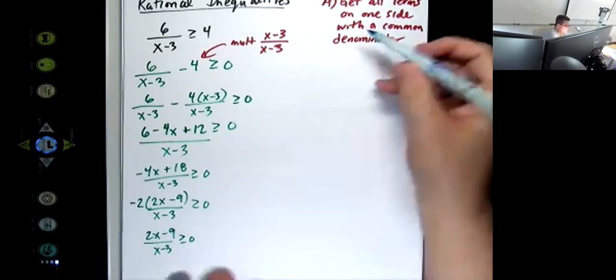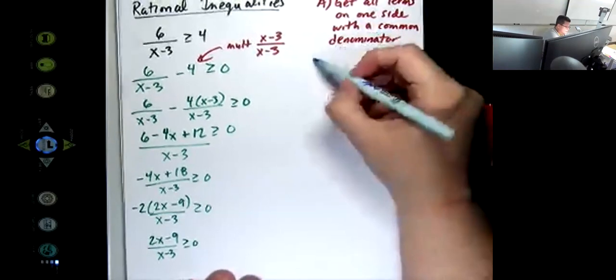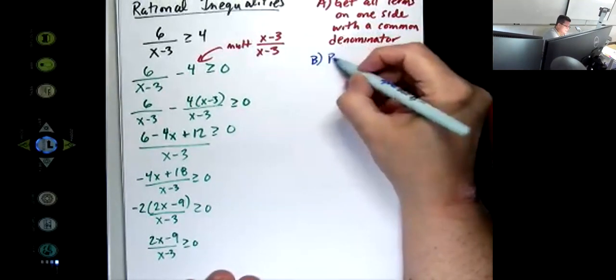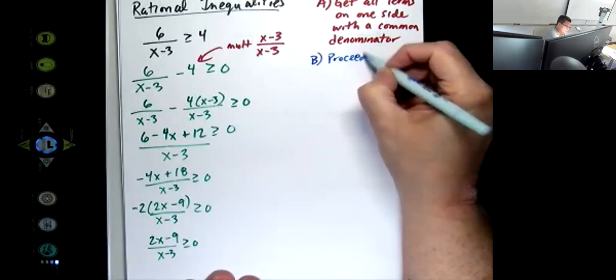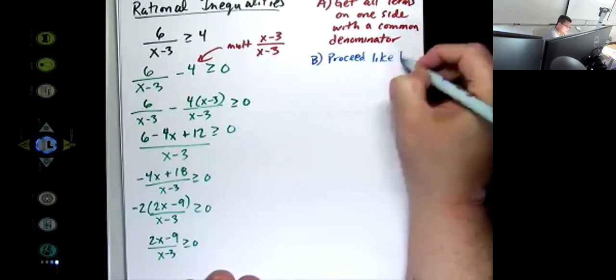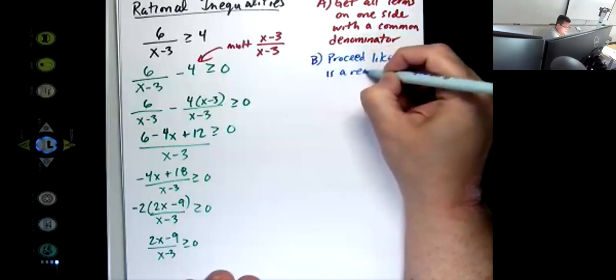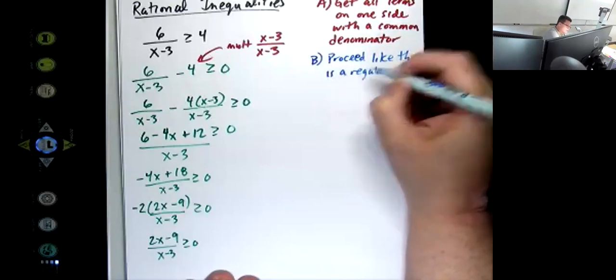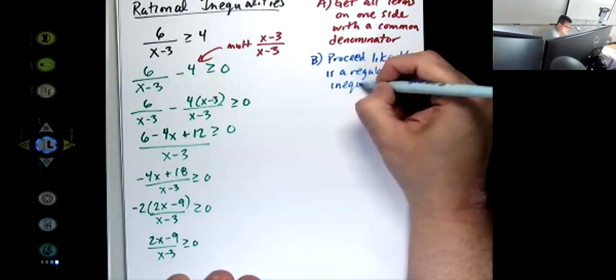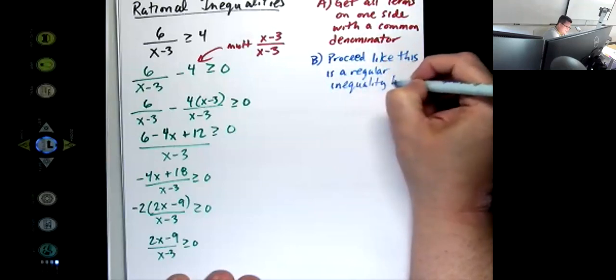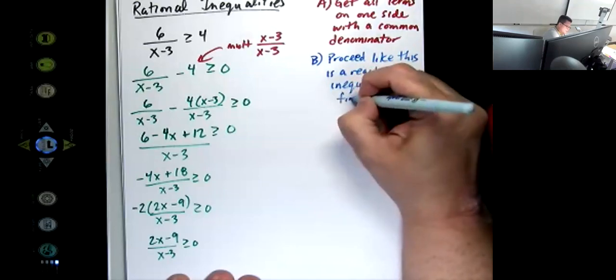Okay, so then proceed like this. It is a regular inequality, but find critical points for the bottom as well.